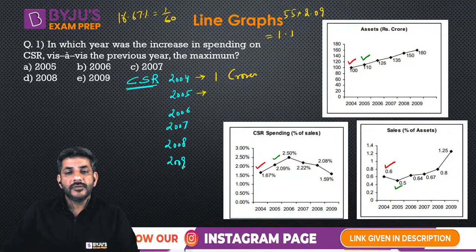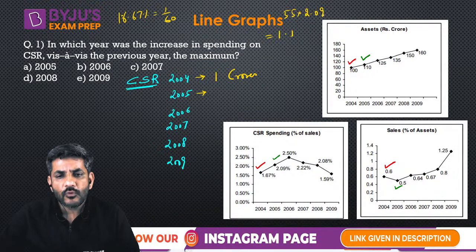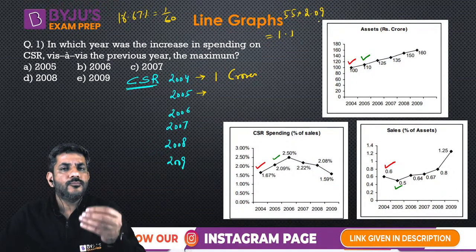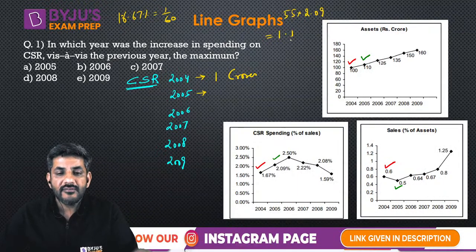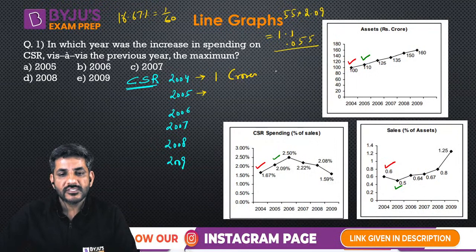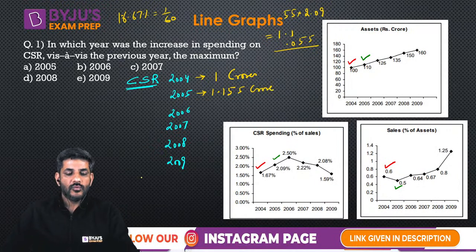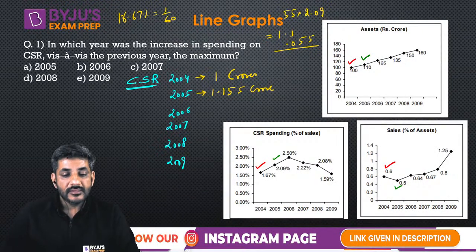Okay, 2% is 0.55 into 2, that is 1.1. And what is 0.09%? It is very close to 0.1%. And 0.1% is equal to 0.055. So this is very close to 1.155 crore. That was the answer for 2005.